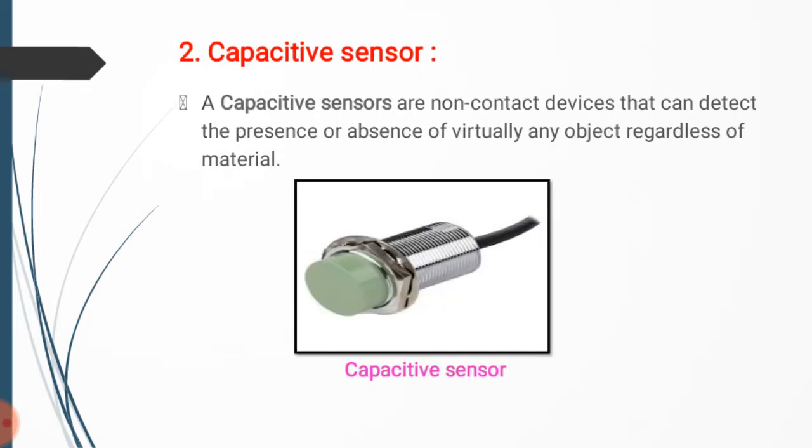Second is the capacitive sensor. Capacitive sensors are non-contact devices that can detect the presence or absence of virtually any object regardless of the material. That means if we want to detect the object, it doesn't matter which material the object is made of.